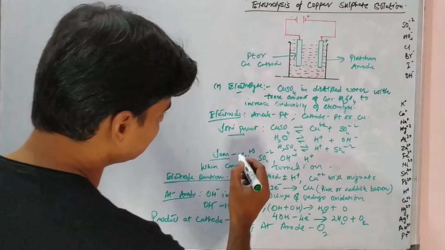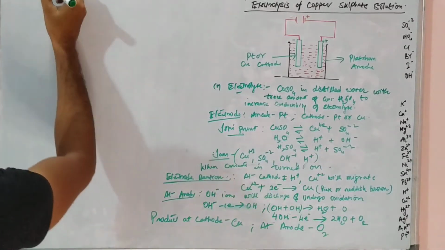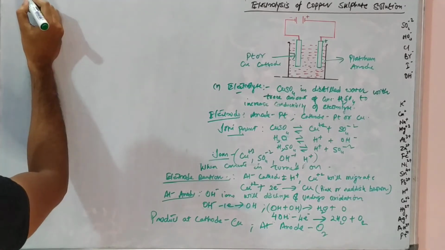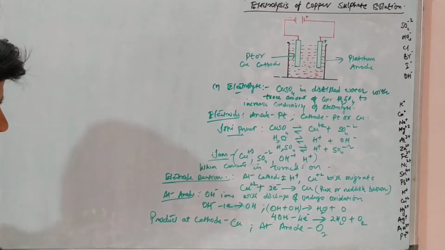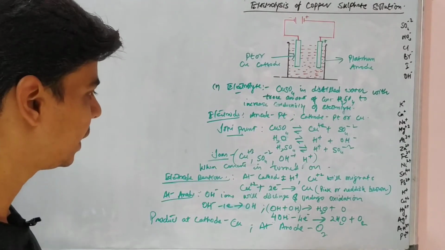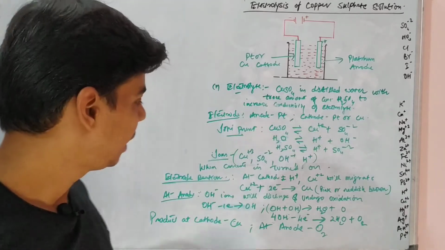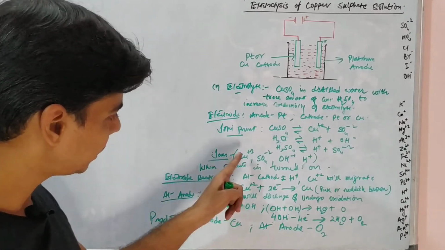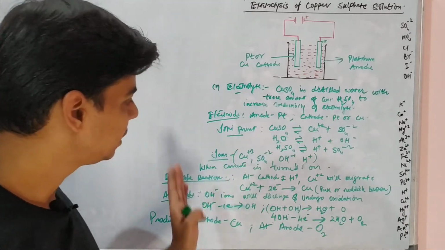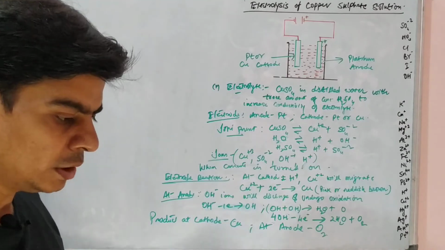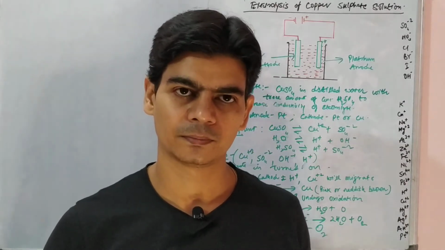One more thing you need to remember here: the ions present are copper, sulfate, OH and hydrogen ions. The color of the electrolyte is blue due to the presence of copper ions. Copper ions are moving towards the cathode and getting discharged, so slowly copper ions are becoming less in the electrolyte.